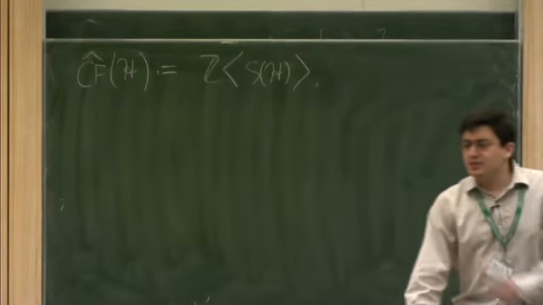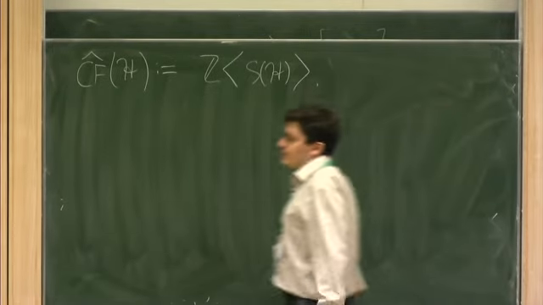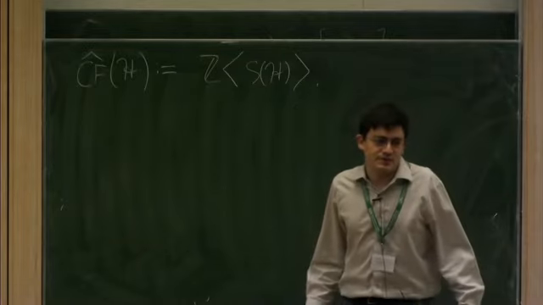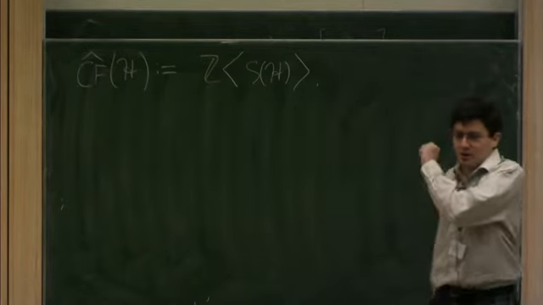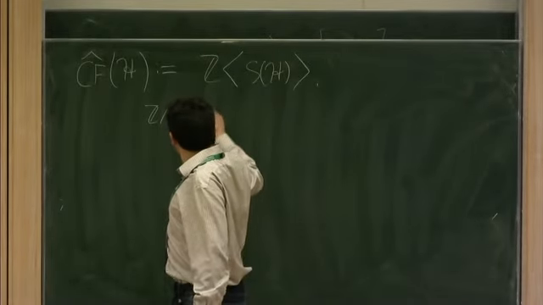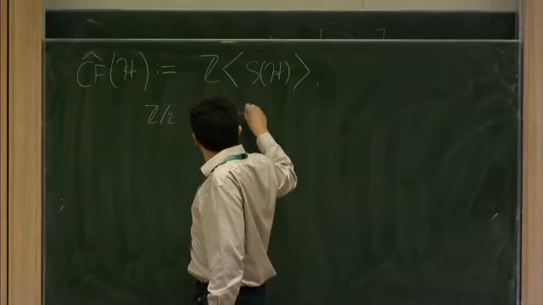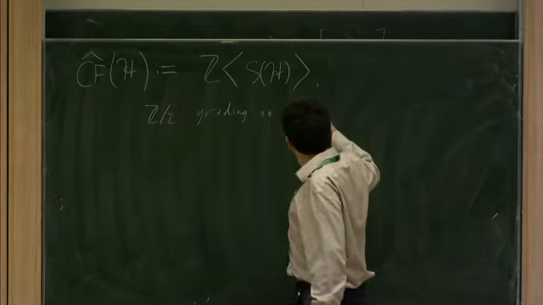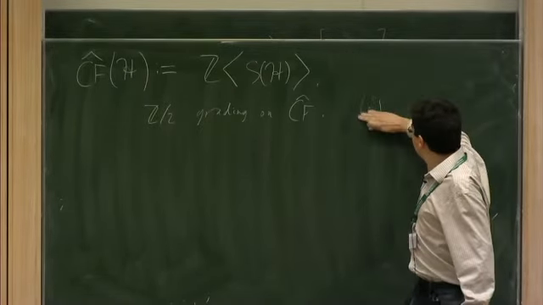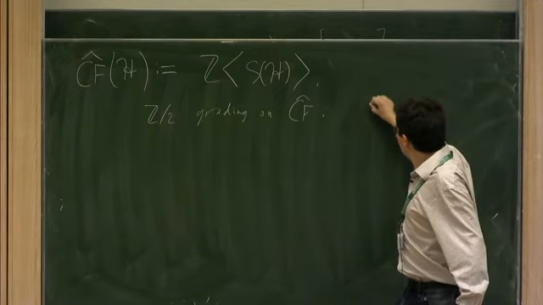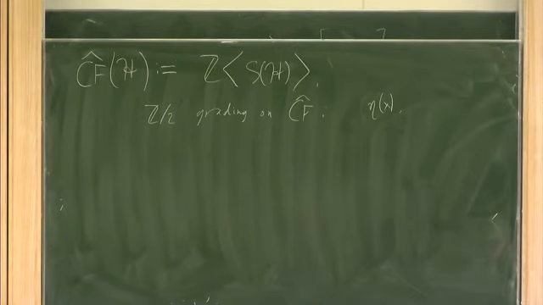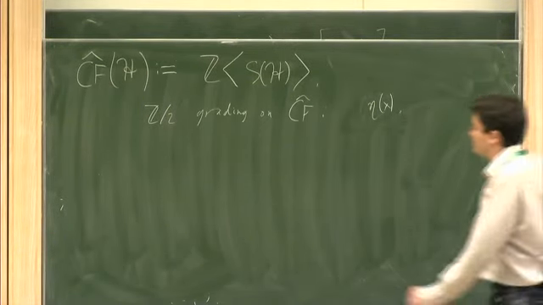Even before I tell you anything about a grading or the differential, one thing I want to point out is that this has a natural Z mod 2 grading, which is simply given by this local intersection number. That's what the mod 2 grading is going to be.